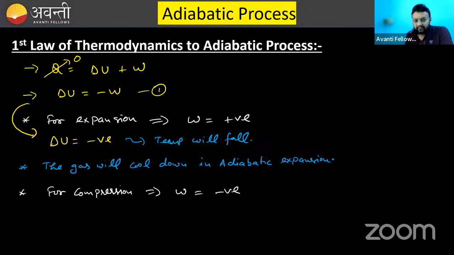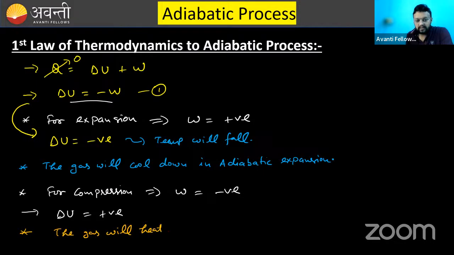If work done is negative, there is already a negative sign, so delta U will become positive. So what is the conclusion? Delta U will become positive, and the rest you can write on your own. What is going to be the punchline? The gas will heat up in adiabatic compression.